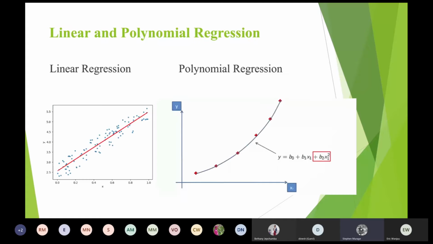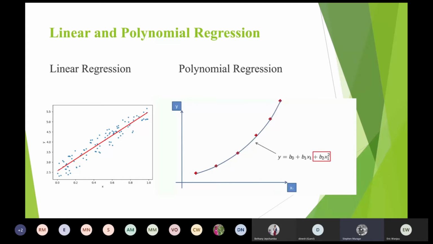Eric, we can go to the next slide. Here I used various images to distinguish between linear and polynomial regression. As you can see on the linear regression, it's just a single line, which can be used to predict values whenever you have any value at x.